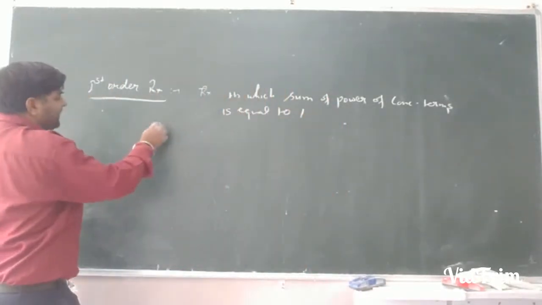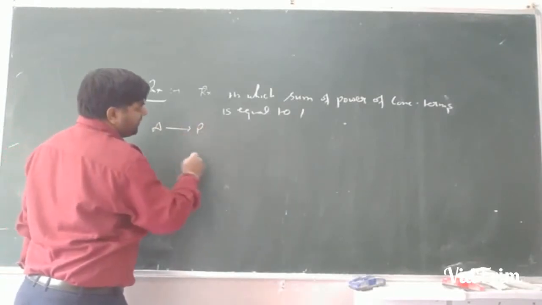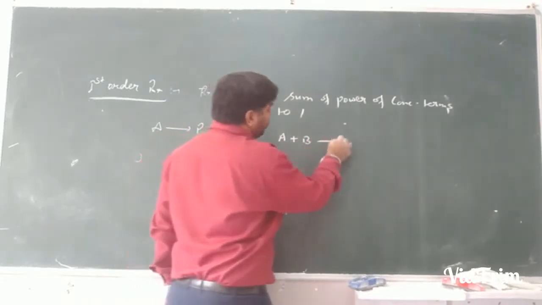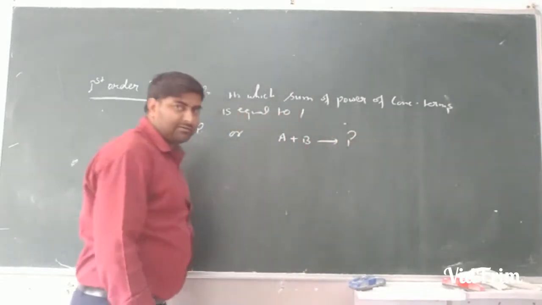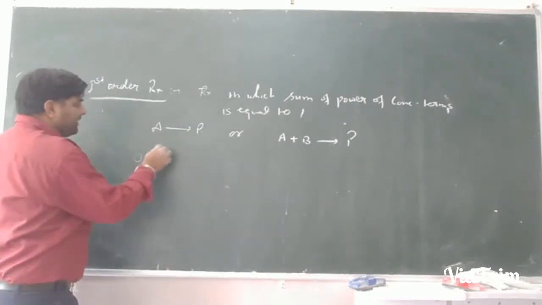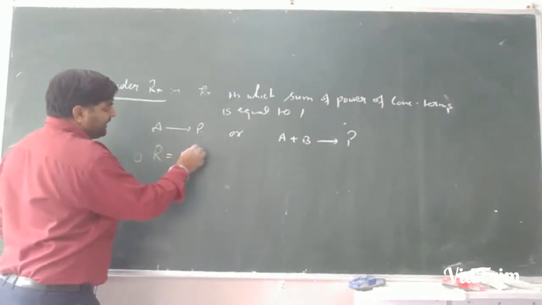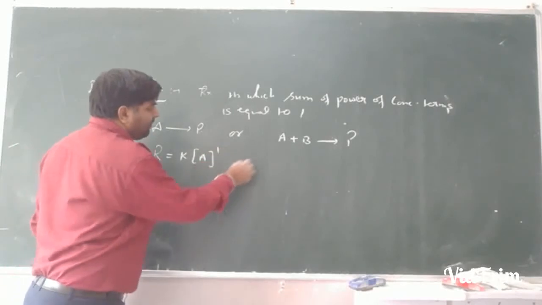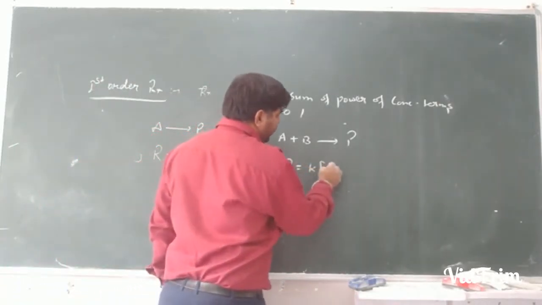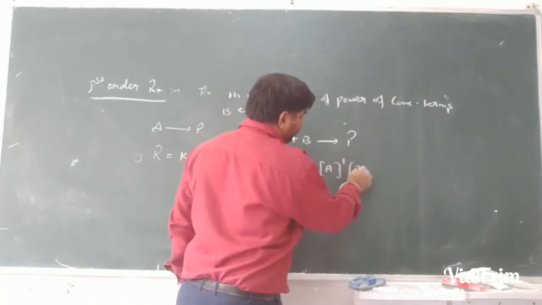So let us take A gets converted into product, or we can say A plus B gets converted to product. The order is first. It means rate of reaction is equal to K, [A] power 1, or we say rate is equal to K, [A] power 1, [B] power 0.